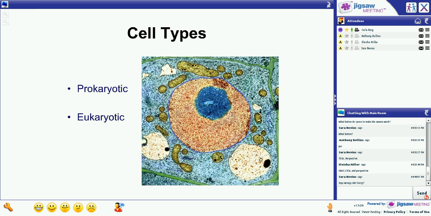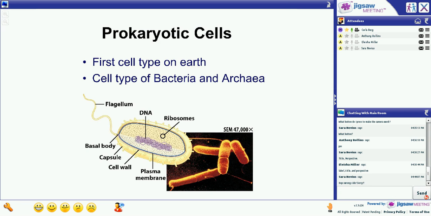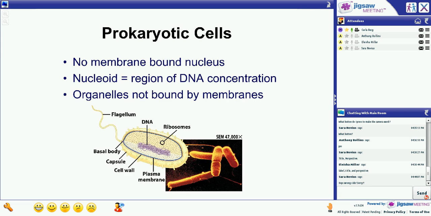Now, what we were going to do right now is look at prokaryotic versus eukaryotic cells. Prokaryotic cells were the first types of cells on Earth. They are the cell types of bacteria and archaea. Prokaryotic cells have no membrane-bound nucleus. Instead, they have a nucleoid.